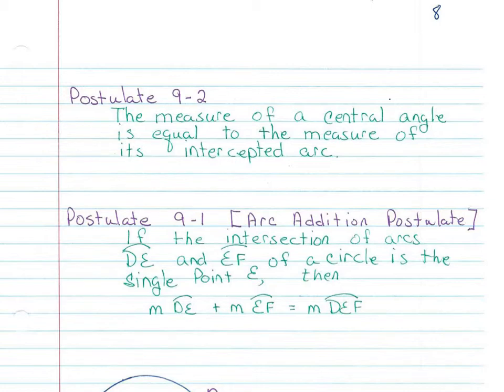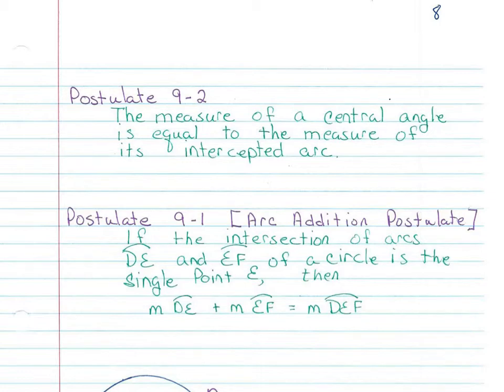This next one is the arc addition postulate. Notice when we name an arc, we put a little arc symbol above it. The arc addition postulate says that if the intersection of arcs DE and EF of a circle is a single point E, in other words they only have one point in common, then the measure of arc DE plus the measure of arc EF is equal to the measure of arc DEF.